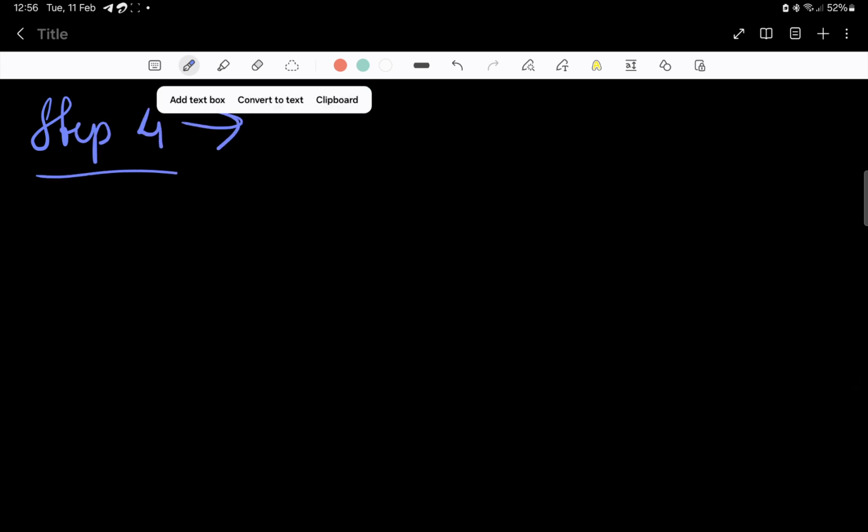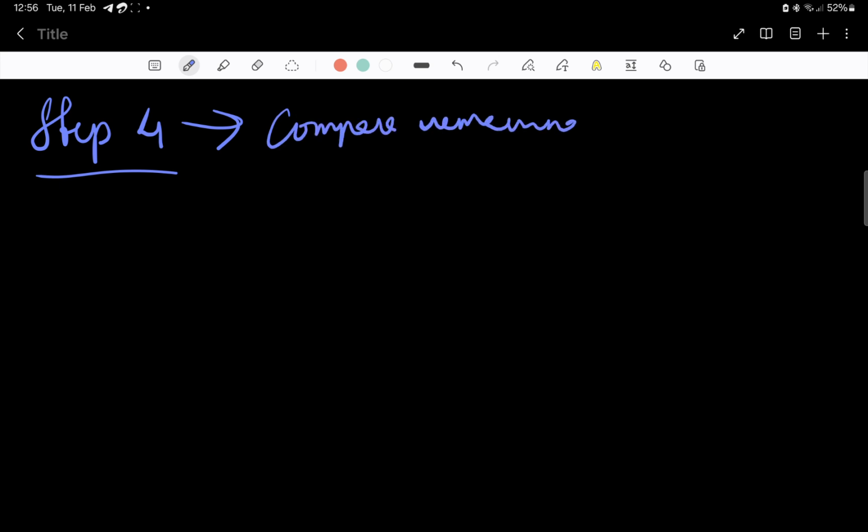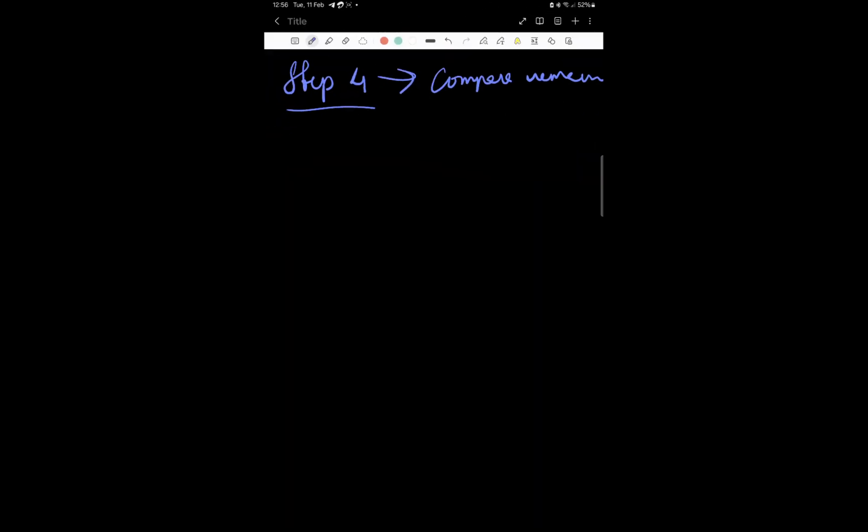And the fourth one, step 4. What you need to do? Compare the remaining options and eliminate the weak ones.